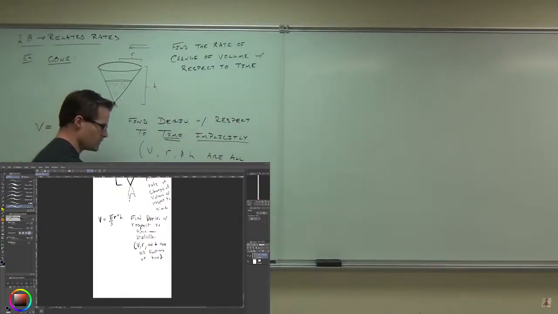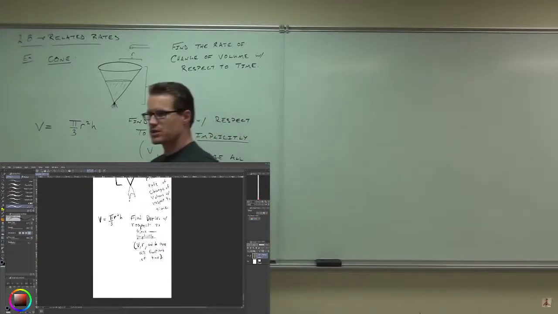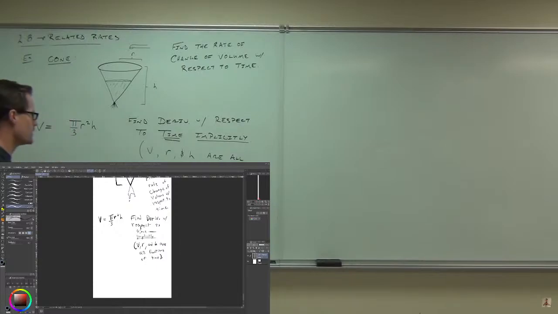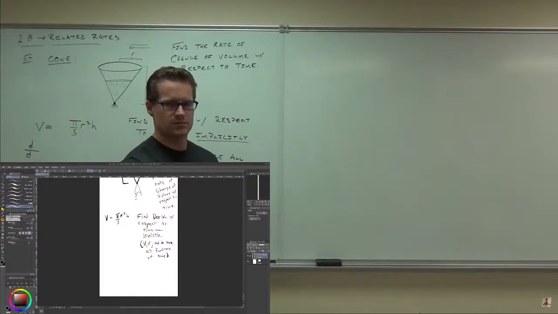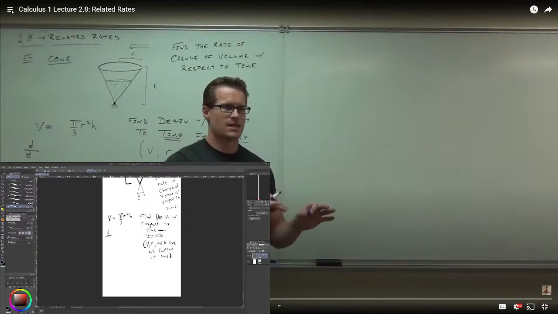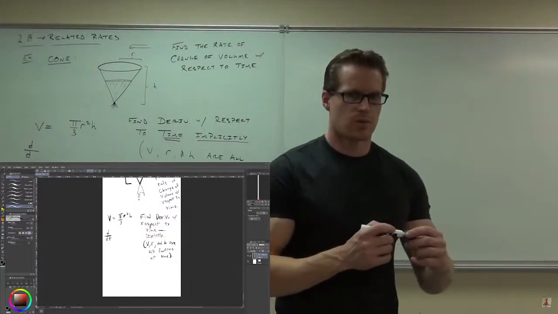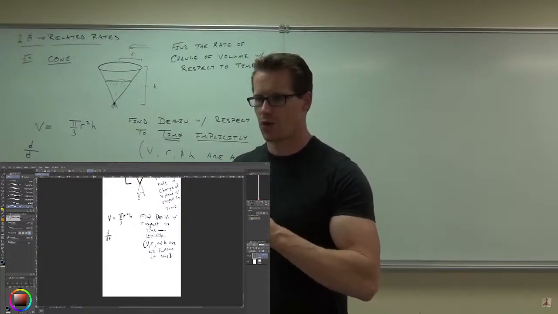So let's go ahead and do that. We'll take the derivative implicitly of both sides. When we took an implicit derivative, we did a d something of both sides to start off with, right? So this would be a d dt. What d dt stands for is a derivative with respect to time, or in other words, it gives you, listen carefully, the rate of change according to the time.